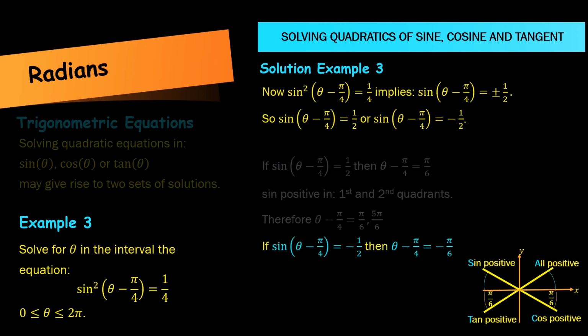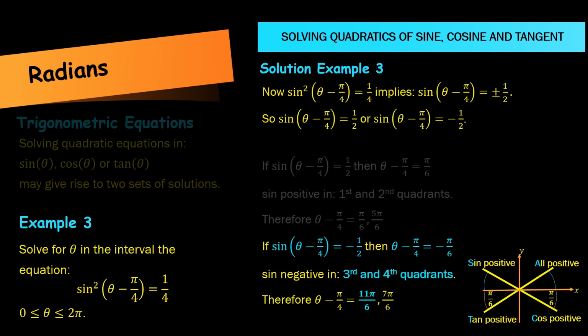When sine theta minus pi by 4 equals minus a half, then we have that theta minus pi by 4 equals minus pi by 6. Sine is negative in the third and fourth quadrants.